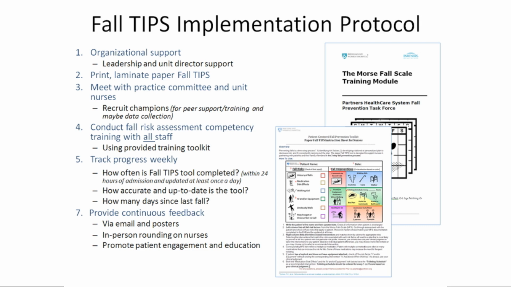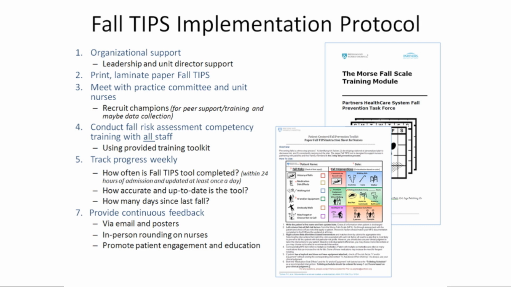For example, we need to have organizational support from the chief nurse, the unit directors, the nurse managers, and unit champions. Making sure that you have the right tools. So if you're using the laminated poster, making sure that those are printed out and available, and that you've thought through how you're going to hang them in the room.